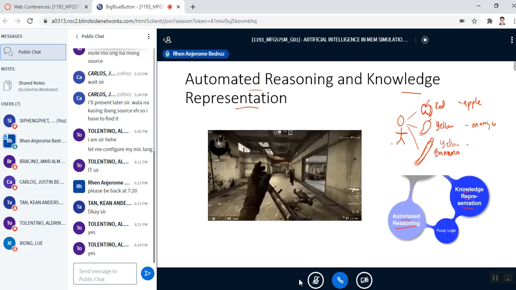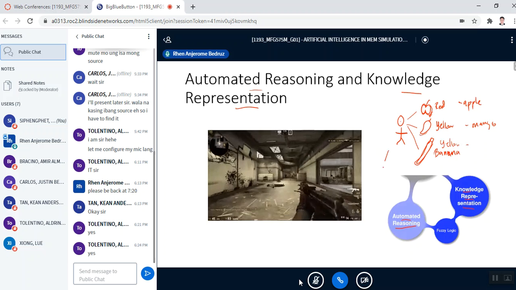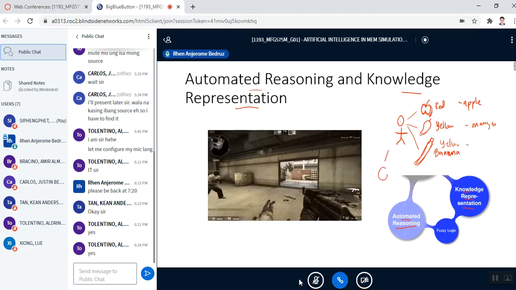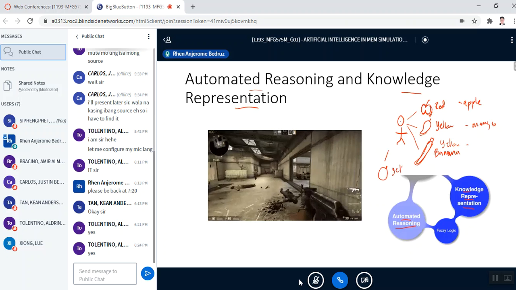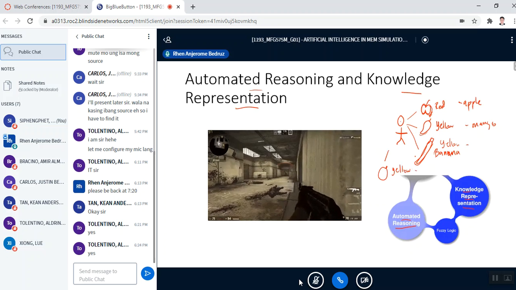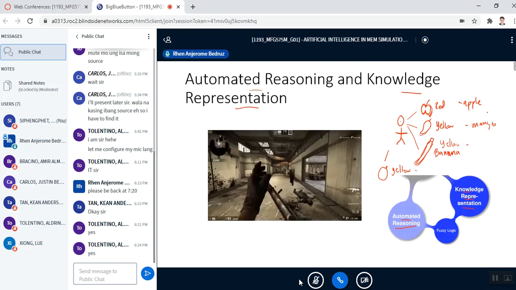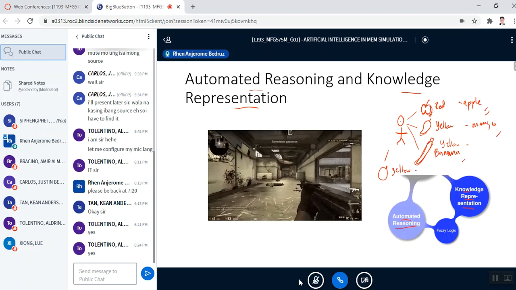Now if I see another fruit which is circular but yellow, then based on what I know, I don't know what that fruit is.